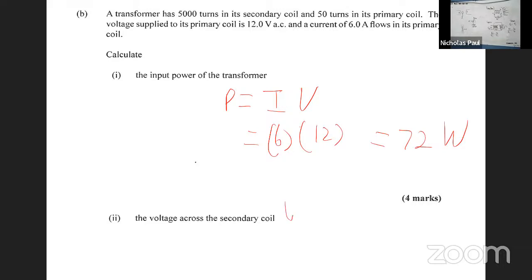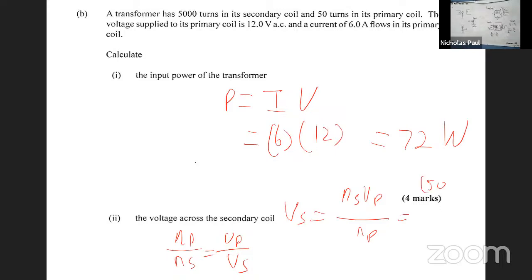They want the voltage in the secondary. What's the formula we're going to use now? Shibish? How are we going to get the voltage in the secondary? Right here, Shibish. So you're using NP over NS is equal to VP over VS. So you can rearrange it and you will get VS equals NS times VP over NP. Are you okay there? And just plug in your values.